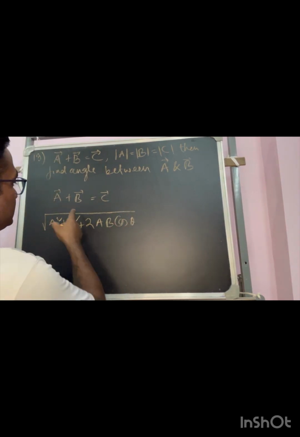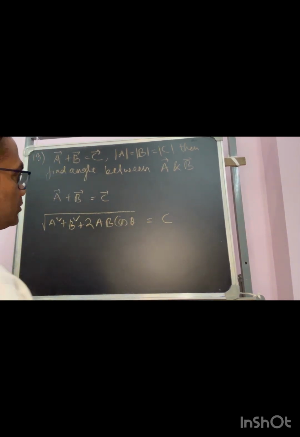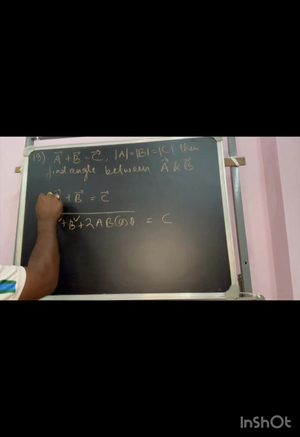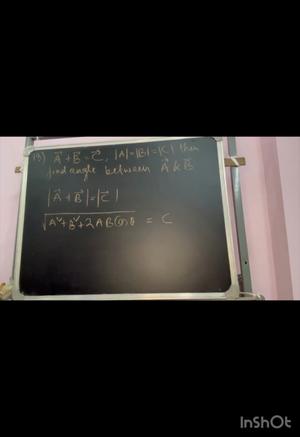This is equal to C, because we are equalizing the magnitude. If vector A and vector B, the magnitude will be the same. It will follow this formula, this is the parallelogram law.